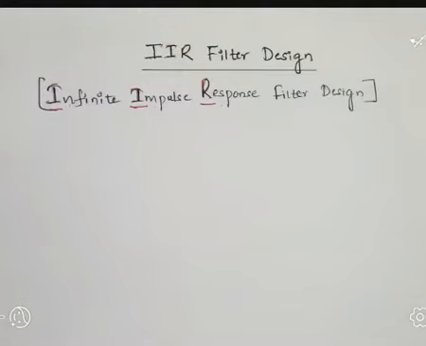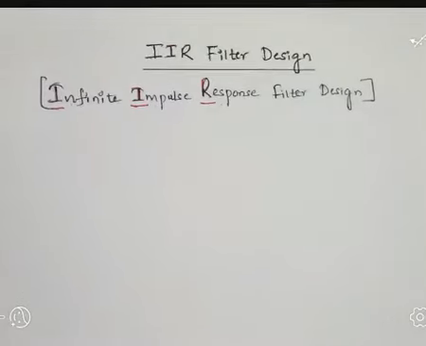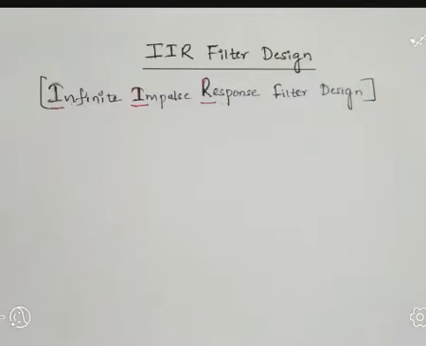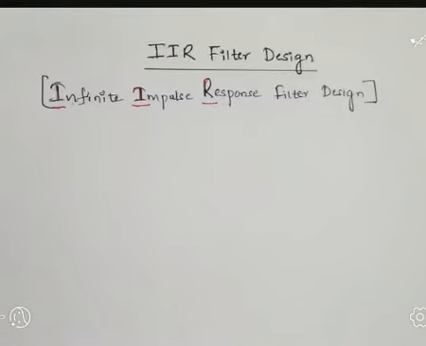So the infinite impulse response filter is unique because it uses a feedback mechanism. It requires current as well as past output data. Though they are harder to design, IIR filters are computationally very efficient and very cheap.